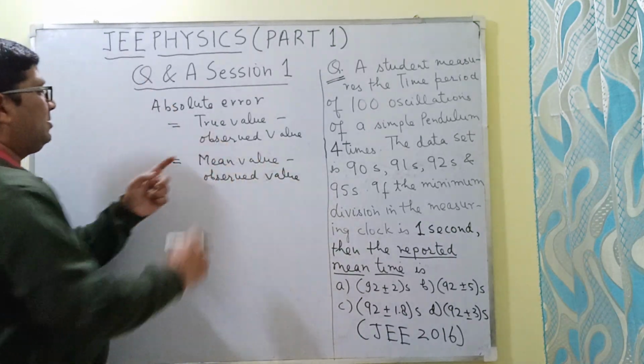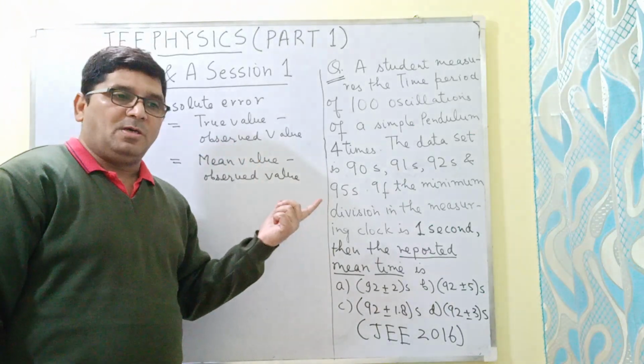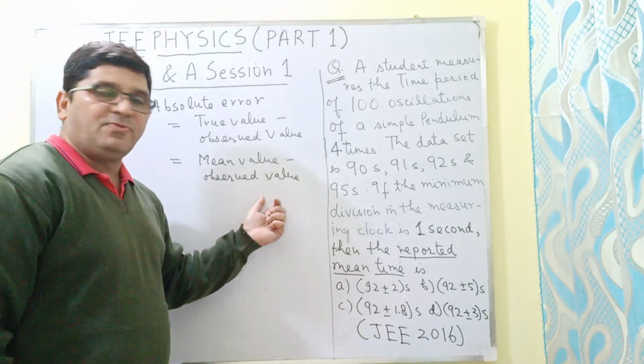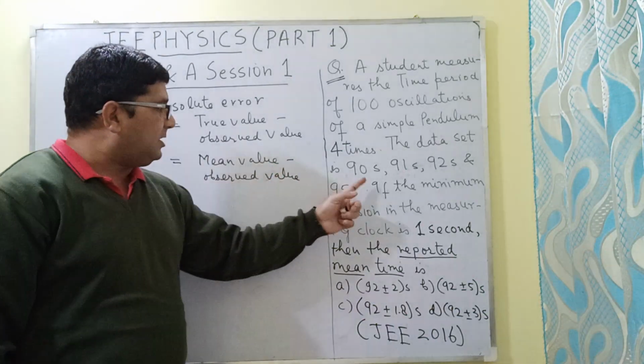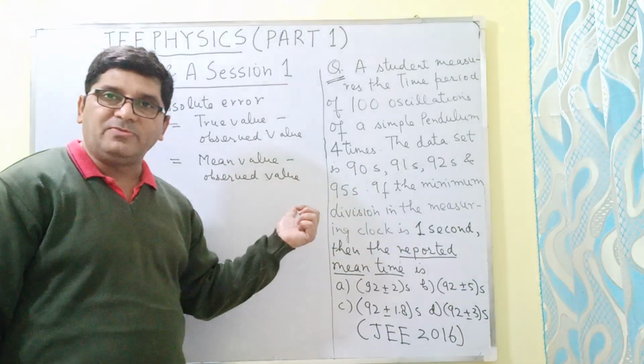Now the first formula is used when the true value is known to us. But when the true value is not known to us, then we have to calculate the mean value. So in this case, since the true value is not known to us, we will be calculating the mean value.